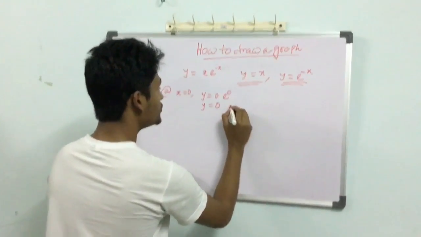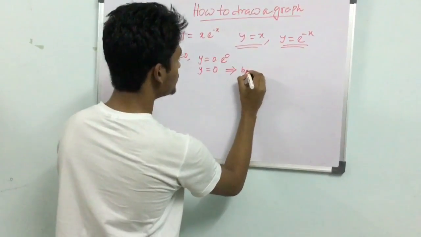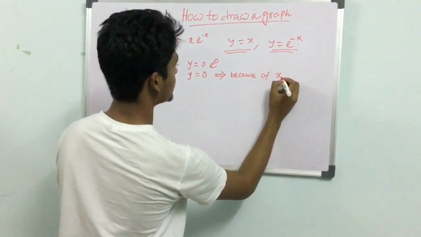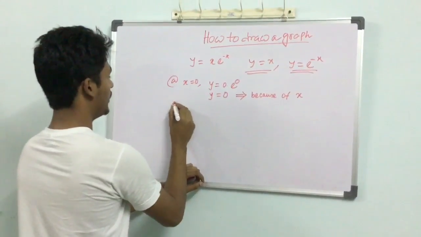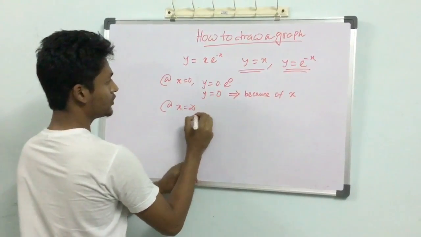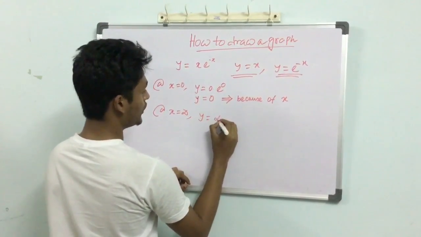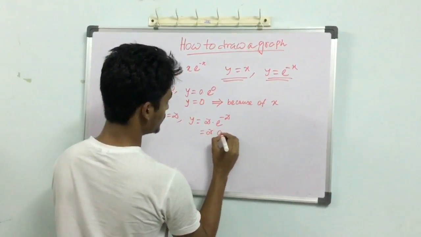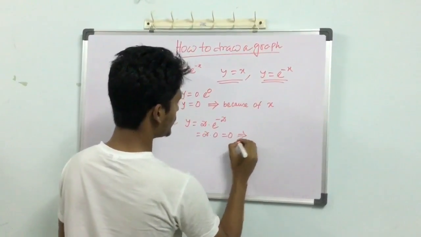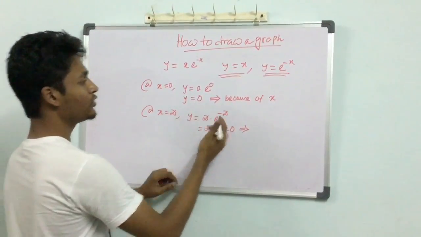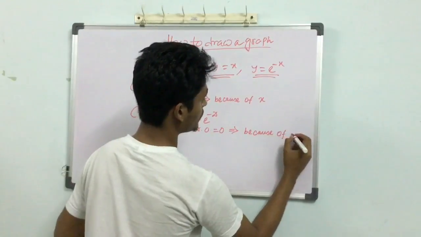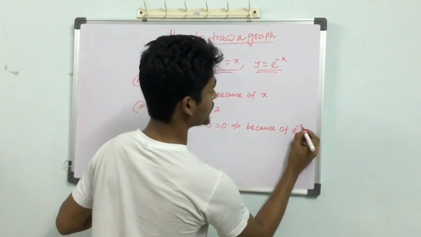So y is 0 because of x, and x equal to infinity, y is infinity times e to the power minus infinity, which is 0. So it is giving you 0 because of e to the power minus x.